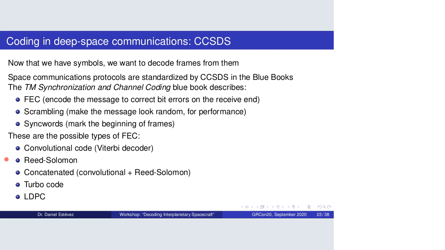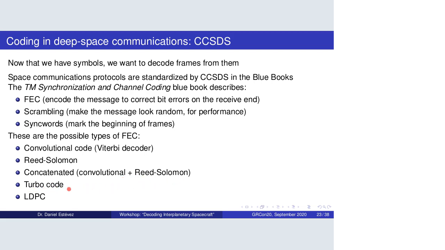You have a Reed-Solomon decoder in GNU Radio, and also another one in GR satellites. There is concatenated error correction, which is a combination of convolutional encoding and Reed-Solomon. The transmitter does Reed-Solomon first and convolutional encoding second. So the receiver must do convolutional decoding first and then Reed-Solomon decoding.